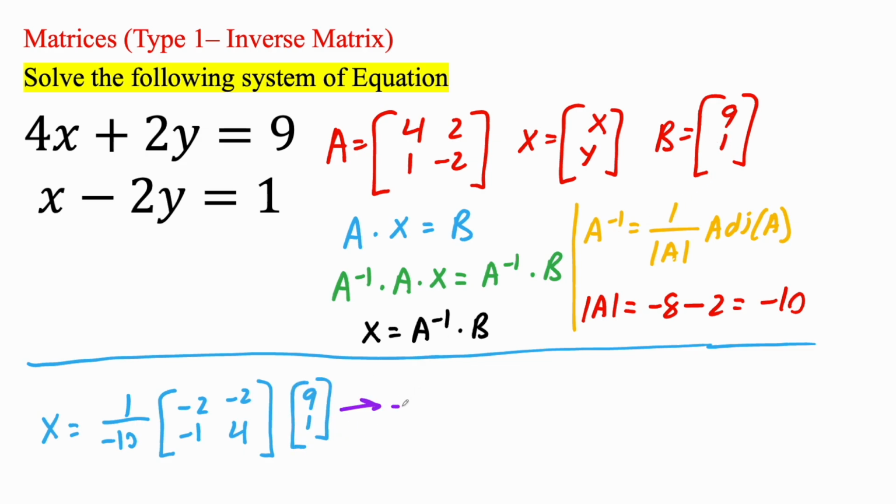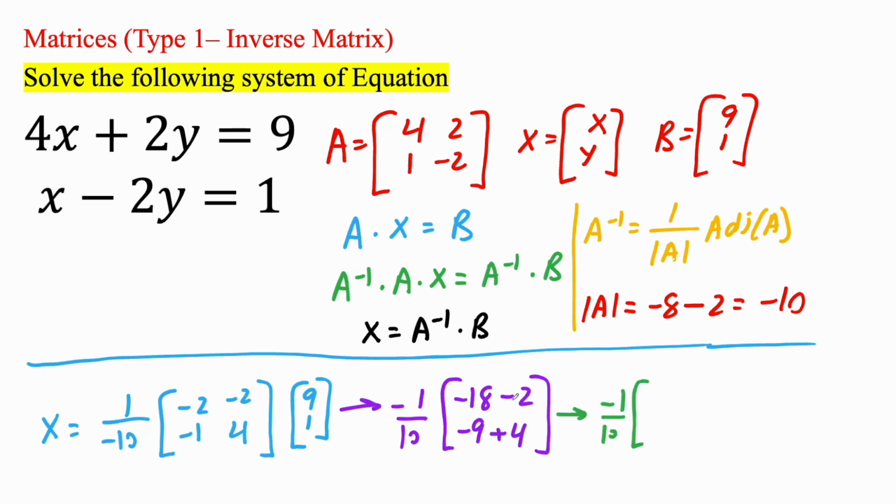So we're going to keep our negative 1/10, and now we're going to multiply these two matrices. So negative 2 times 9 will give us negative 18. Negative 2 times 1 is negative 2. Likewise, negative 1 times 9 is negative 9. And 4 times 1 is 4. So let's continue it. Again, negative 1/10. Negative 18 minus 2 is negative 20.